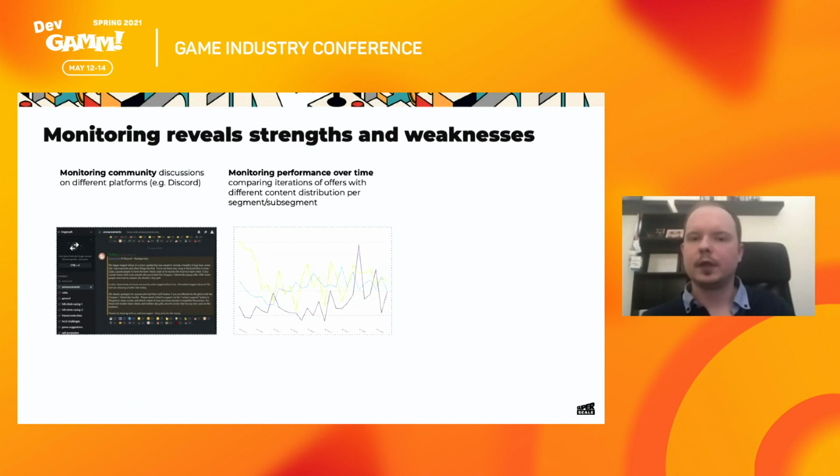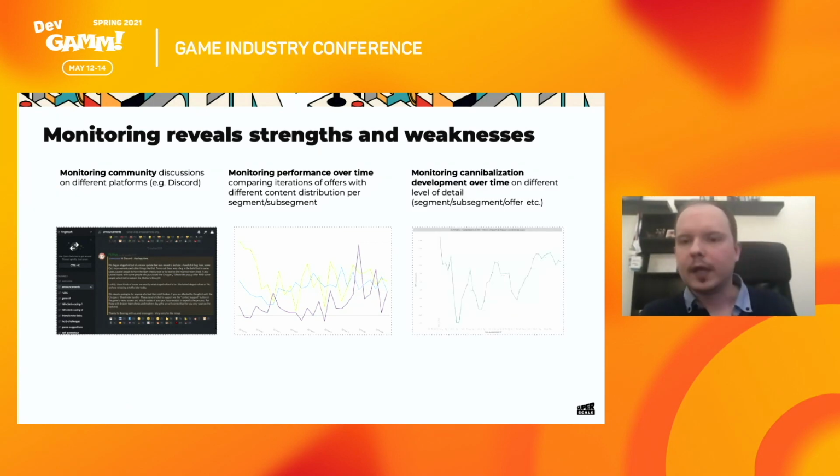Second is monitoring preference over time. This is your usual analytics reporting and exploration of data, understanding the effects and the relationship between different KPIs, and if something changes, how this reacts. This is A/B testing, all of that. And third, of course, monitoring cannibalization.